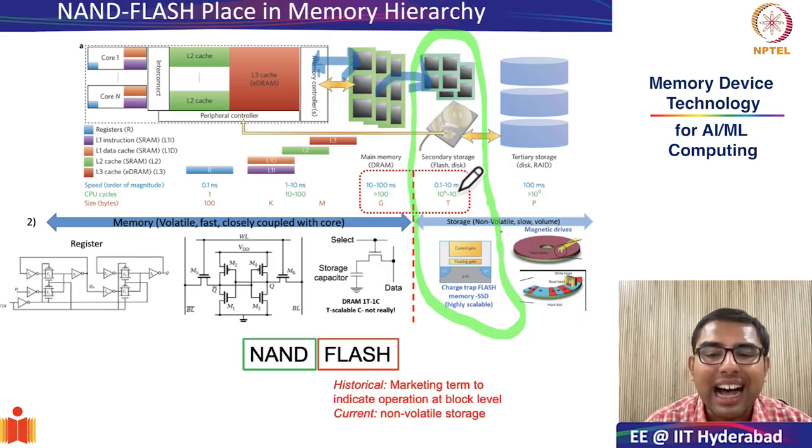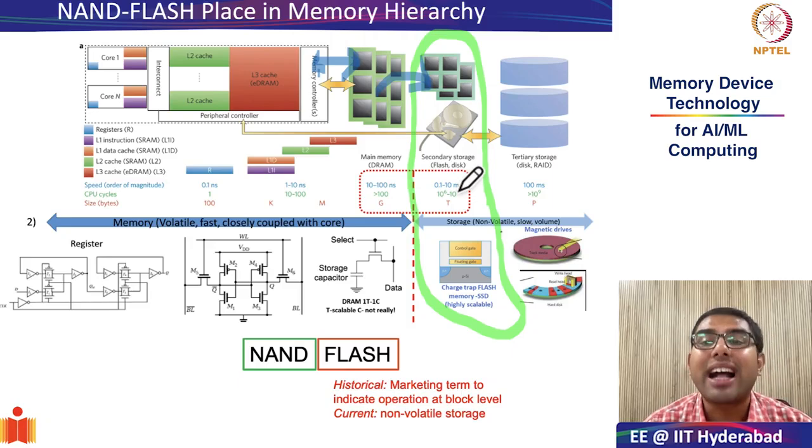So we have to look at NAND flash technology in this particular context. What the NAND flash technology has done is it has kept these considerations in mind, and it has tried to make up for the problems in latency, the slow or large latency, slow read and write speeds.